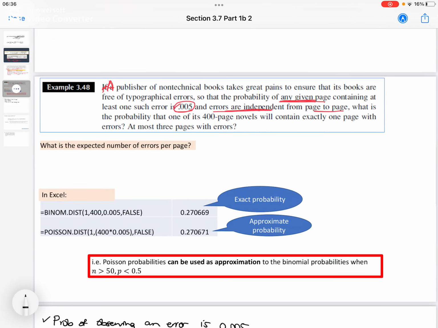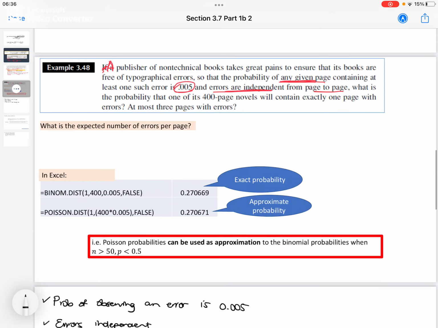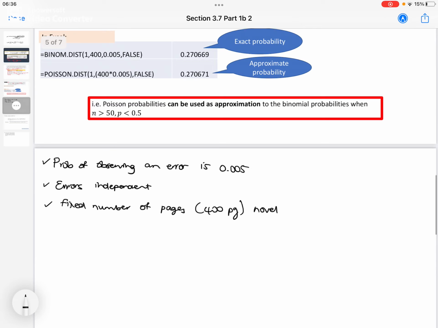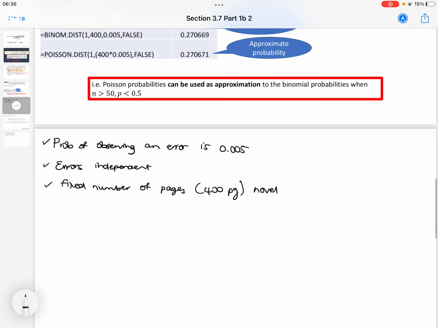For each page, we could say, yes, there's an error, or no, there's no error. So for each page, there's a dichotomous outcome. We could see that this type of experiment can be described as a binomial experiment.